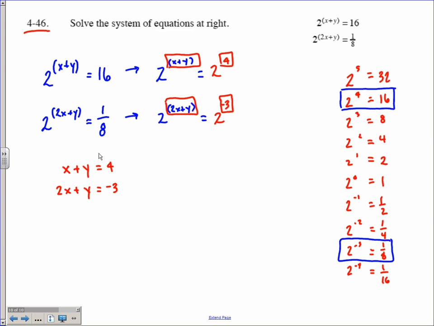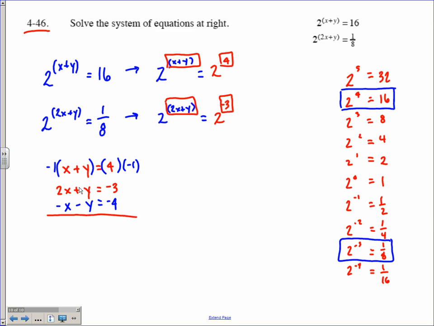Now we can solve it using whatever method you prefer. If it's me, I'm a big fan of elimination. Let's eliminate the y's, which is the easiest one to create additive inverses. So I'm going to multiply everything in my top equation by -1. I now have -x minus y equals -4.